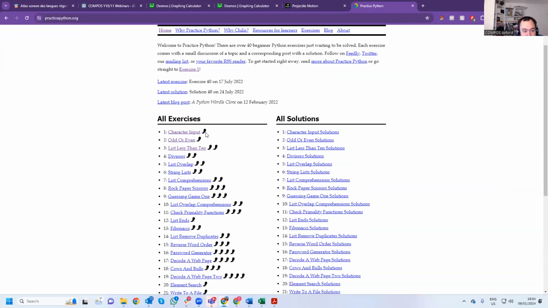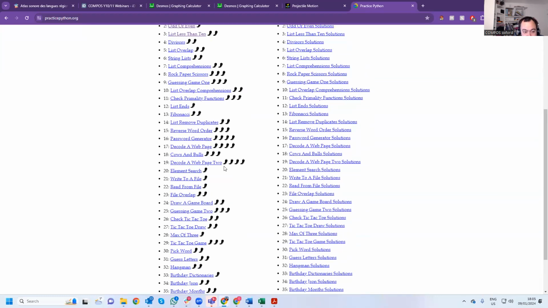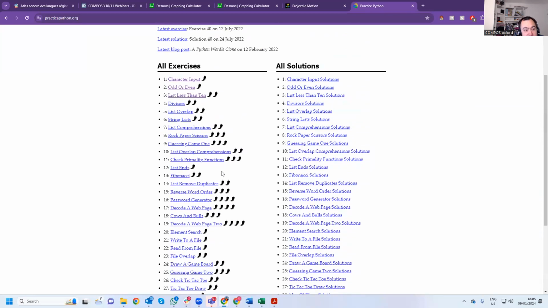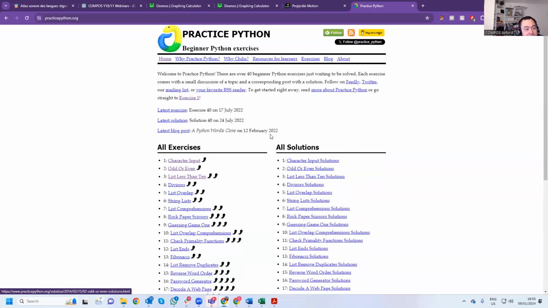Easy ones with 1 pepper, slightly harder with 2 peppers, and with 4 peppers are really complex. But you have solutions. It's a free to use website. Practice Python, and just get on with it.